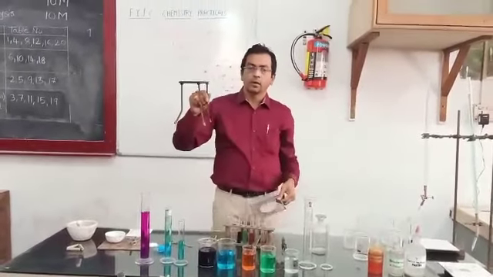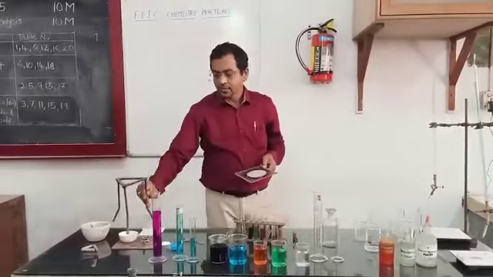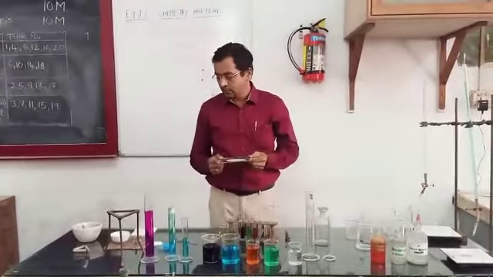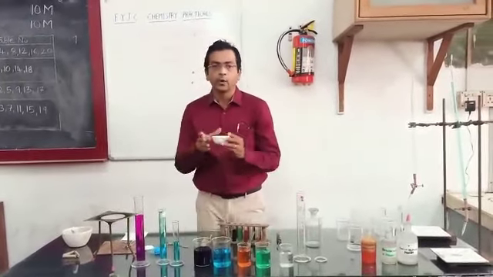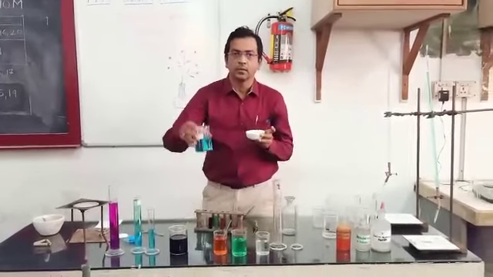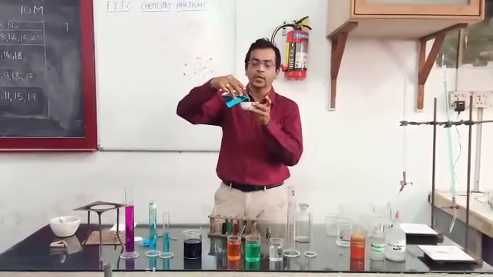Next I have this metal tripod stand. The tripod stand is used when you have to do heating experiments. Suppose I have to evaporate some chemical, say copper sulfate in liquid form, and I want to convert it into solid, which means I have to carry out crystallization.